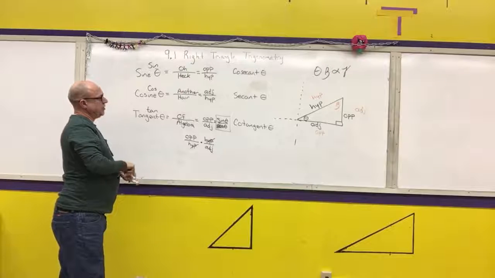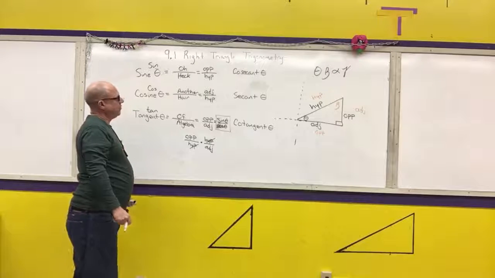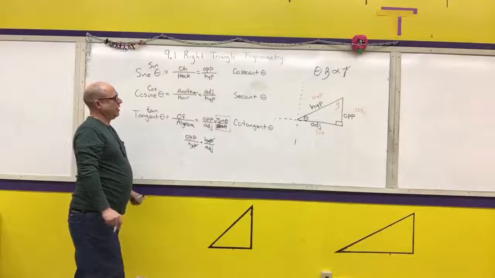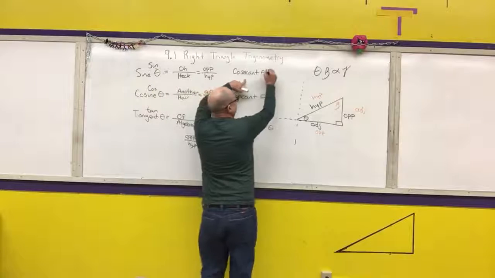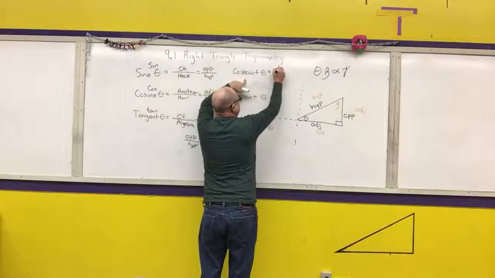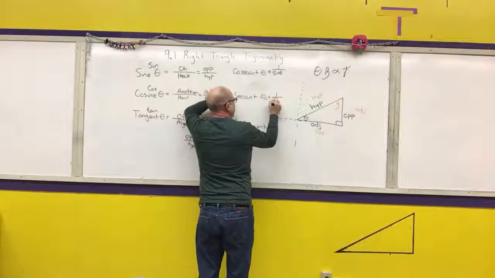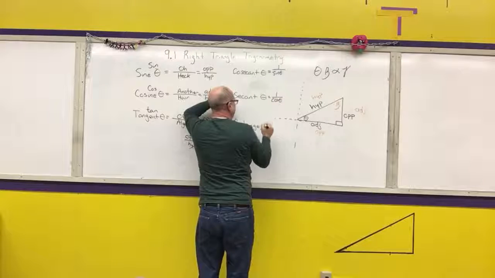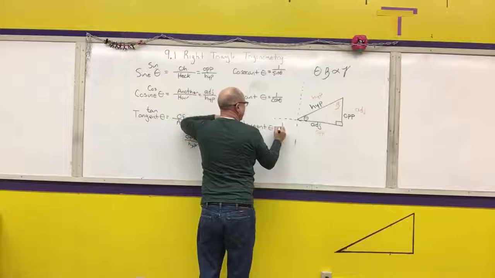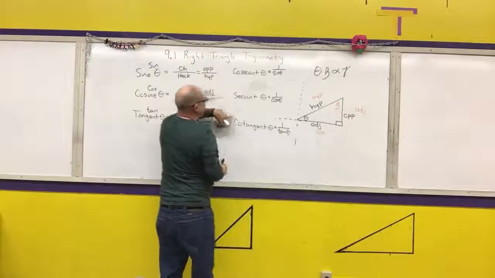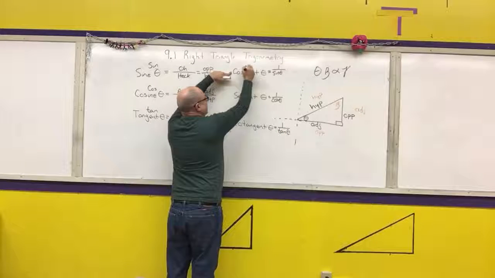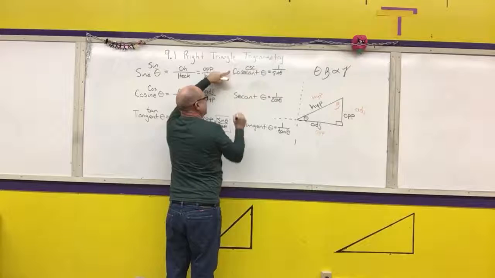The next three trig identities that we're going to have are reciprocal identities. The cosecant of an angle is 1 over the sine of the angle. Secant is 1 over the cosine of an angle. And cotangent is 1 over tangent of an angle. Abbreviation for cosecant is CSC.